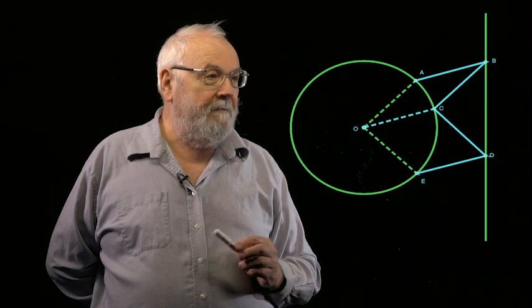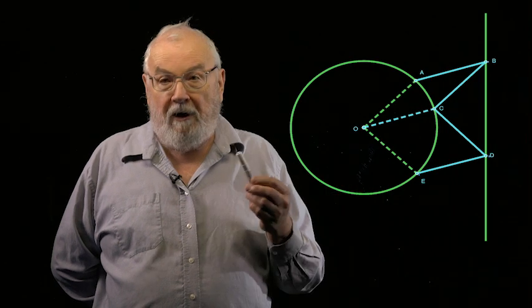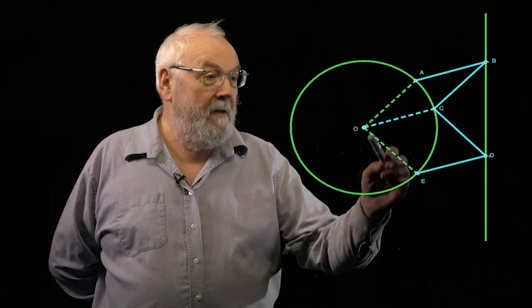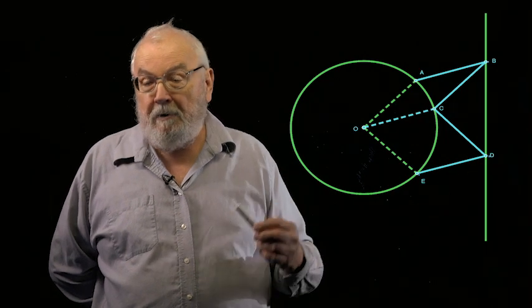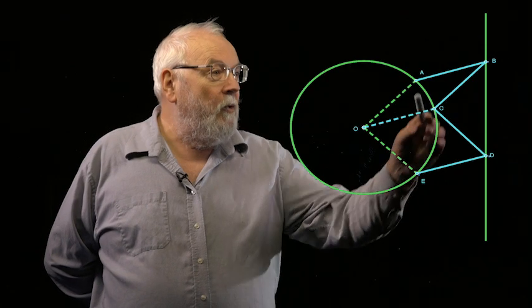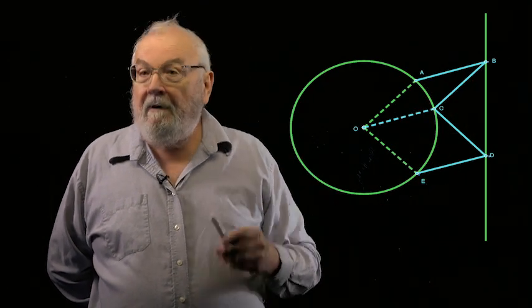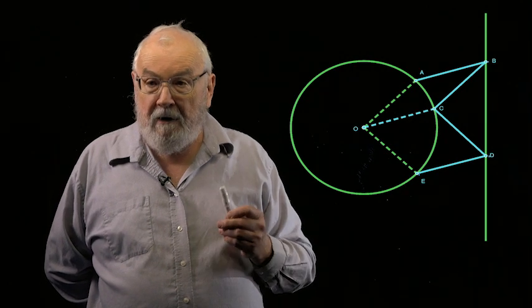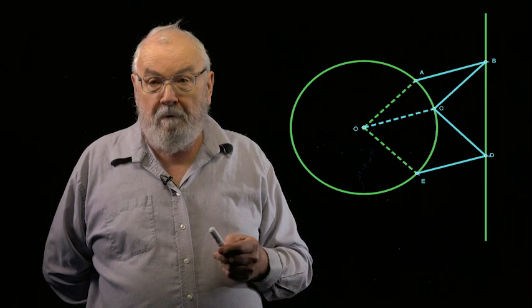Now, this line is parallel to this line, because they're opposite sides of a parallelogram, and this side is parallel to this side because they're opposite sides of a parallelogram. Therefore, if you just look at the top side and the bottom side, they are parallel line segments, and of course, we know they both have distance 1.